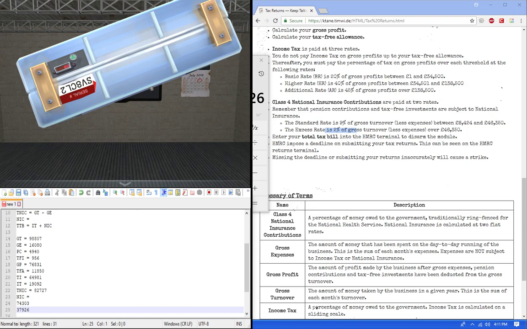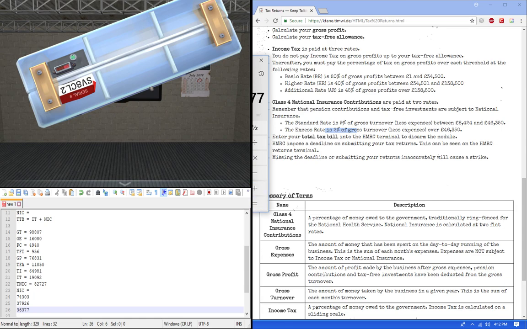So we're going to take our 74,303 minus our 37,926, which gives us 36,377. Let's just calculate that. 74,303 minus our 37,926.